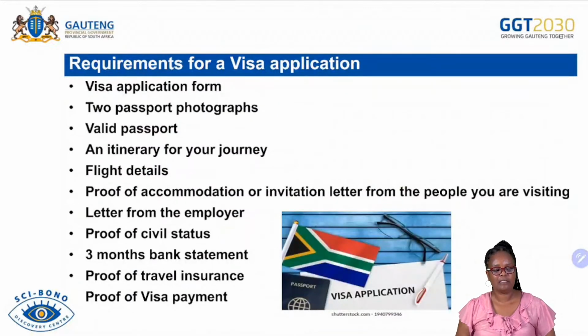Let's look at the requirements. What are the requirements for visa? There are requirements that are needed for you to be able to apply for a visa. The first one, we have visa application form, the one that you're going to complete.